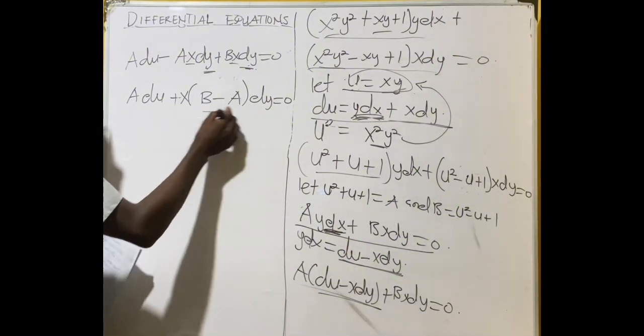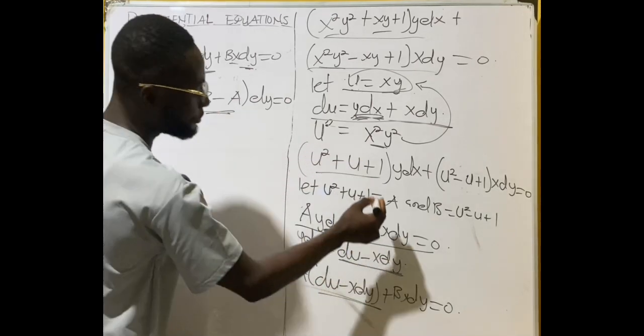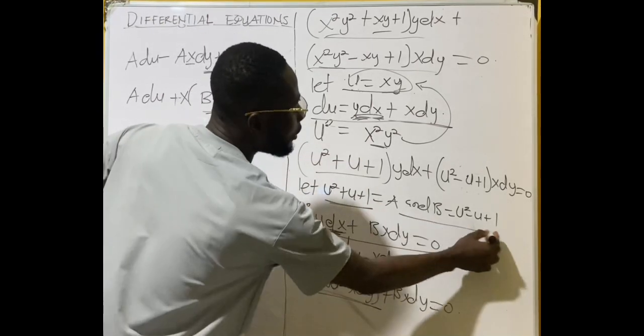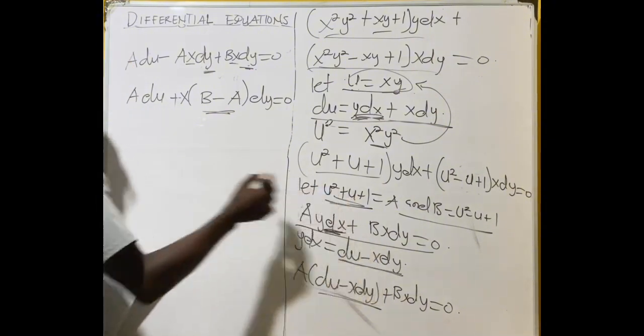Okay, so this is what we have so far. Now, how do we get b minus a? From here, we say that a should be equal to this and b should be equal to this.